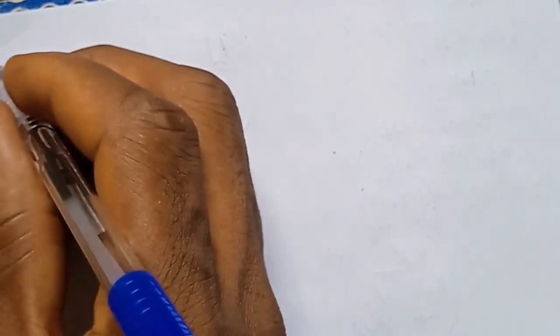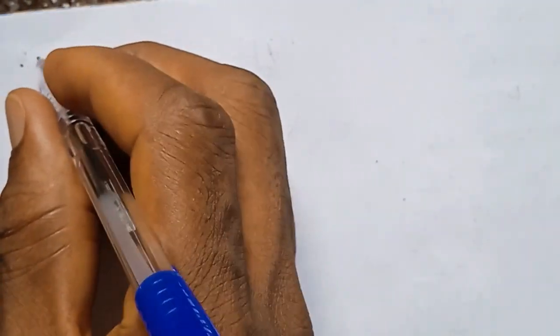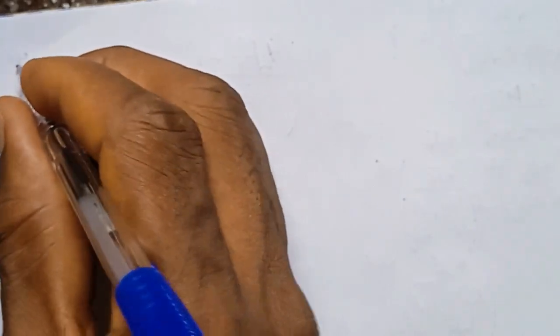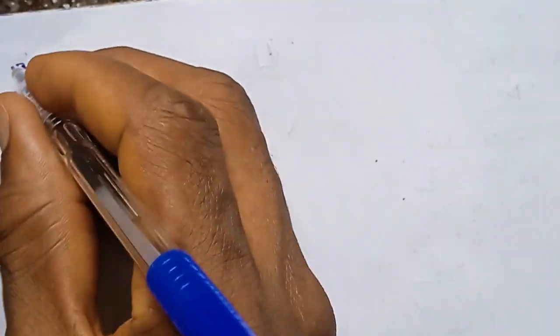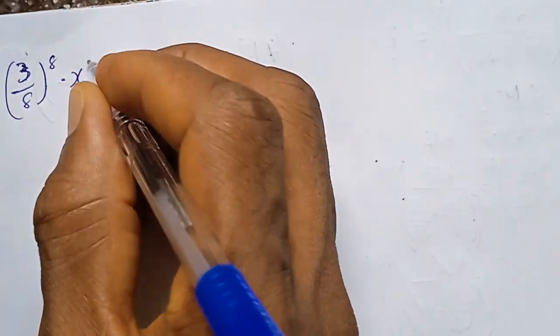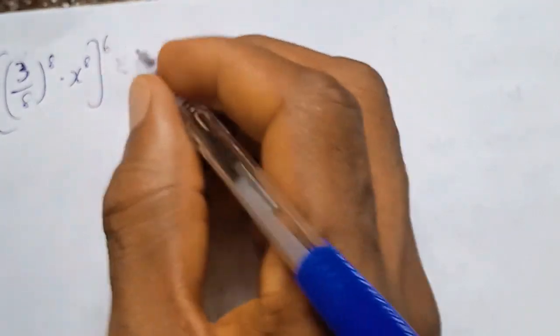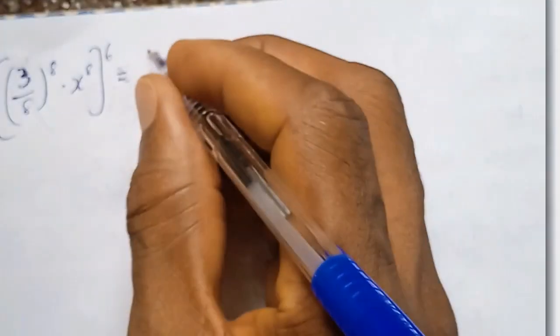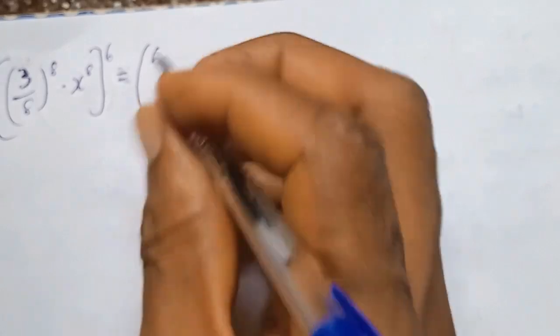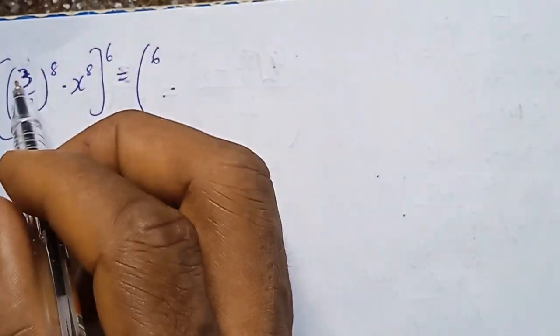So we can have that to be 3 over 8 into bracket power 8 multiplied by x power 8 all into bracket power 6. So this is the value of this.